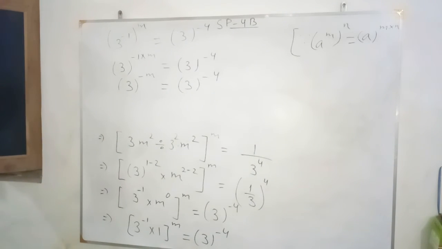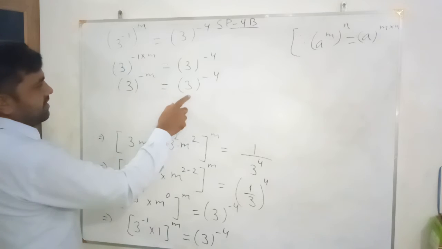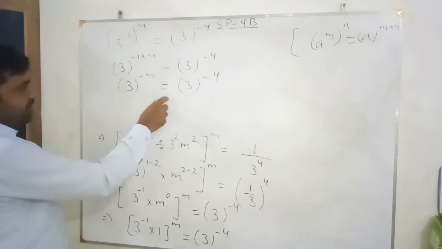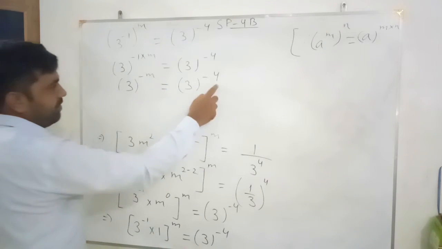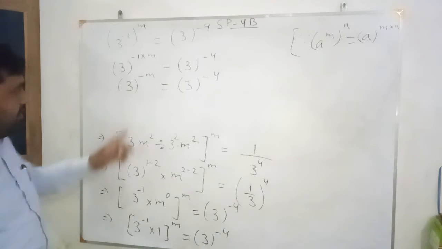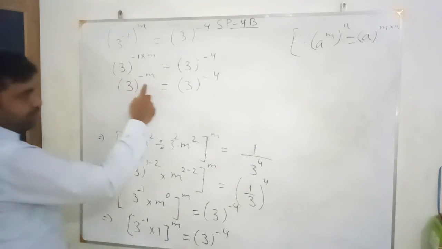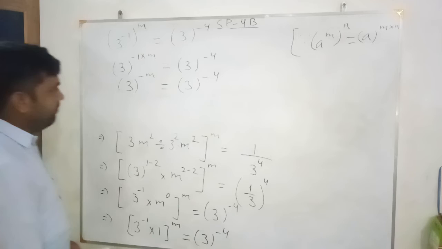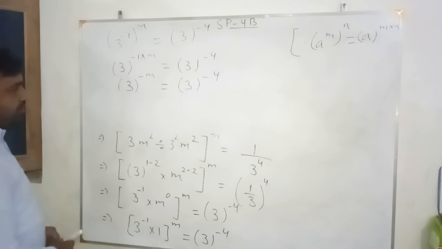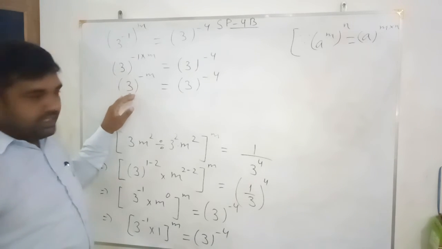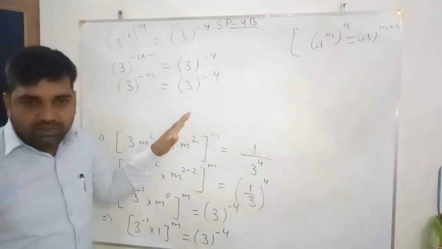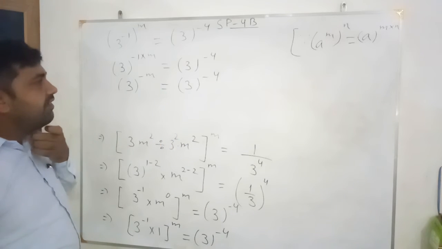On comparison, the bases are same. Since it is an equation, the base is same, so its power should also be same. This means minus m is equal to minus 4. The index of the left hand side should be equal to the index of the right hand side, because it is an equation. When the base is same, its power should be same, then only we will get the equal value, otherwise we will get a different value.